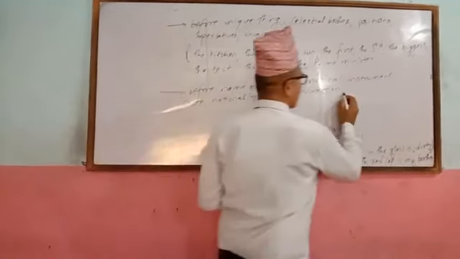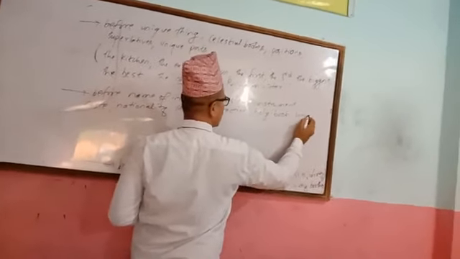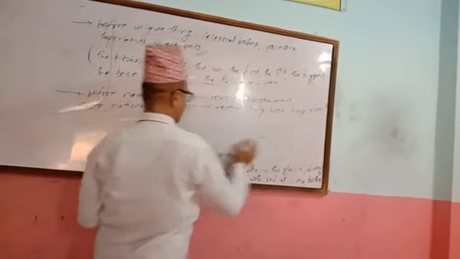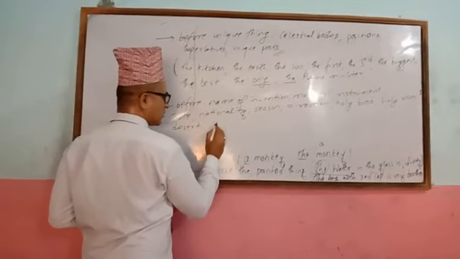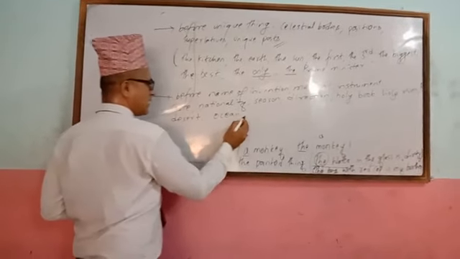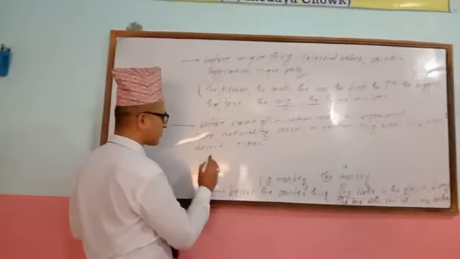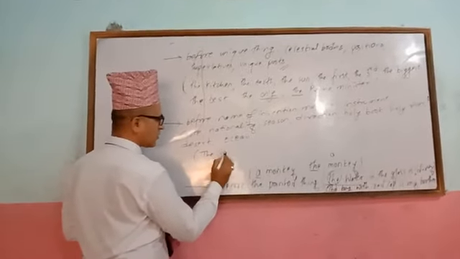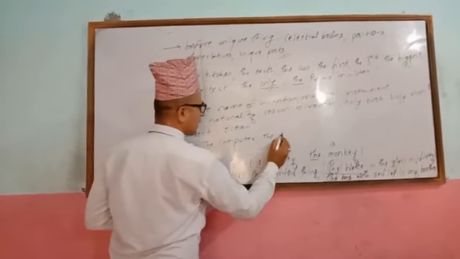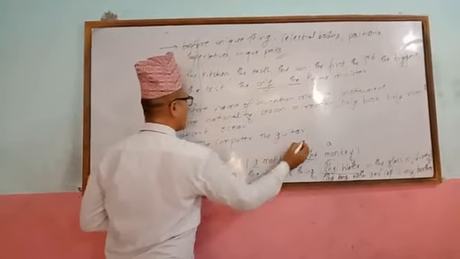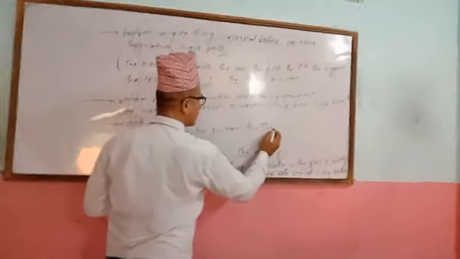Yes. Holy book, holy river, desert, ocean, right? The article. For example, the computer, the guitar, right? Caste, the Tharus.